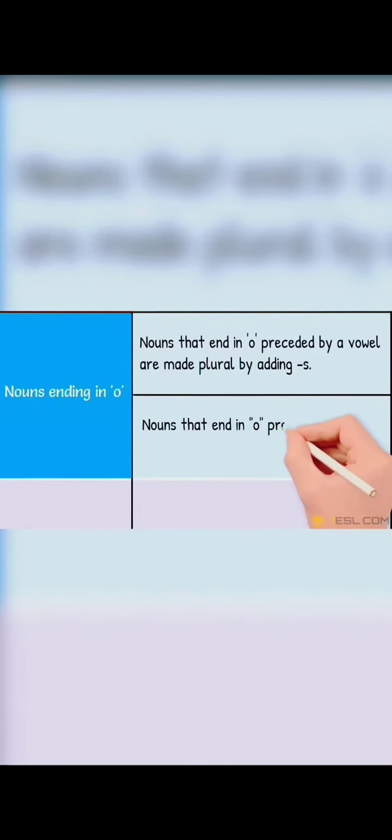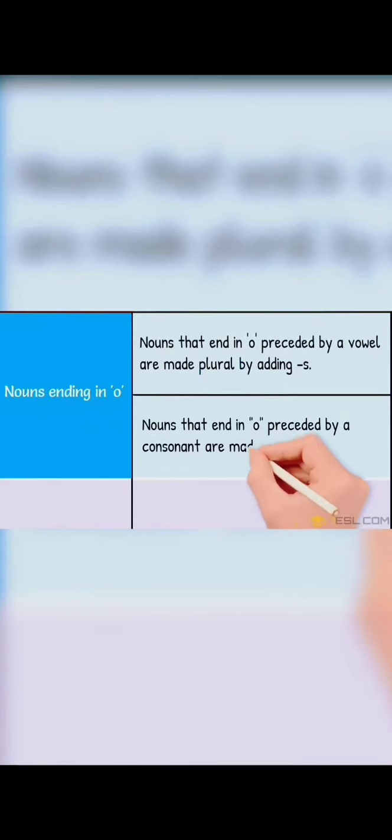Nouns that end in o preceded by a consonant are made plural by adding es. Potato, potatoes. Hero, heroes. Domino, dominoes. Piano, pianos is an exception. Photo, photos also. Halo, halos are exceptions.